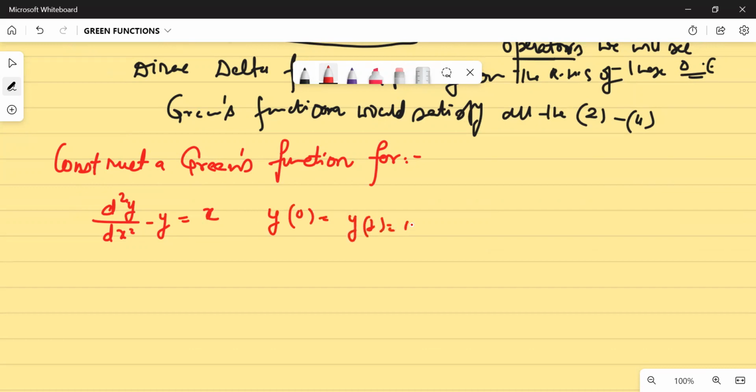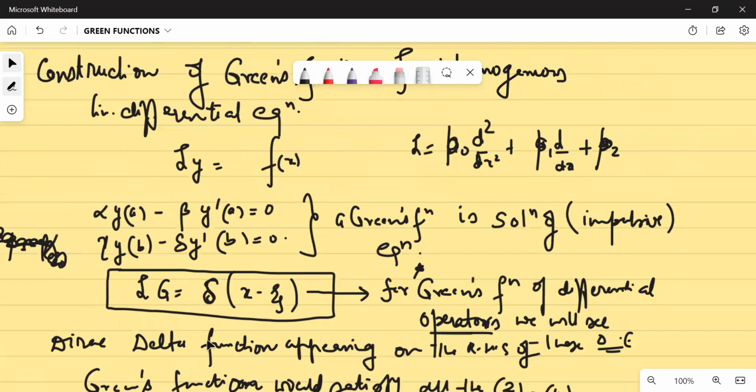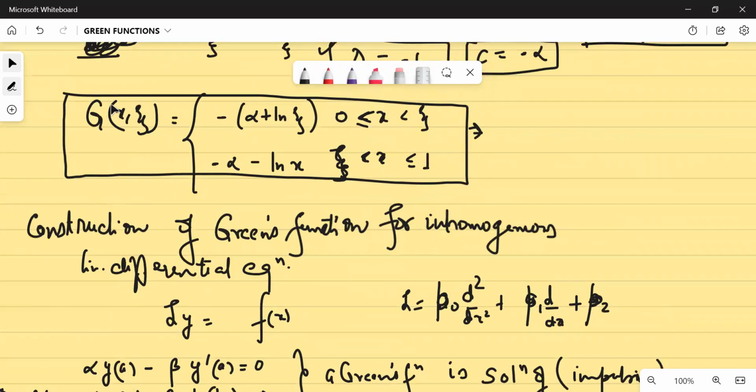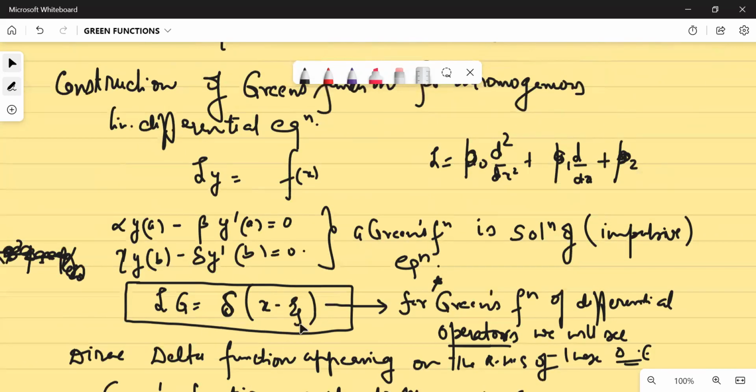This Dirac delta form appears for non-homogeneous equations only, not for the homogeneous case. However, for the homogeneous case also, you will find that your g of x suffers a discontinuity. The derivative of g of x also suffers a discontinuity at zeta. There I'm not able to link it, but here I'm able to link it somehow.